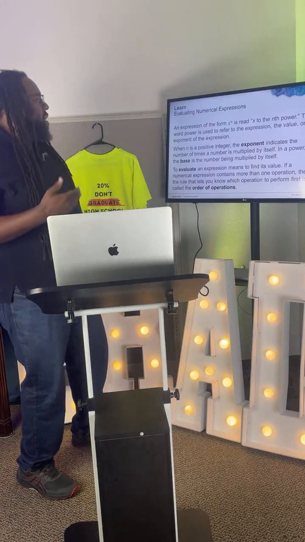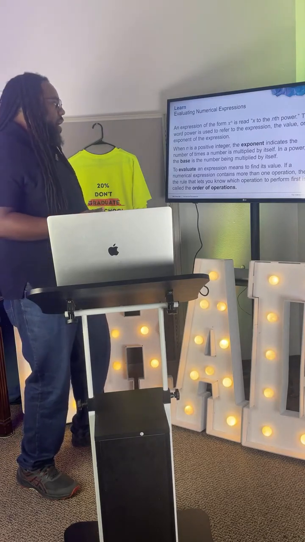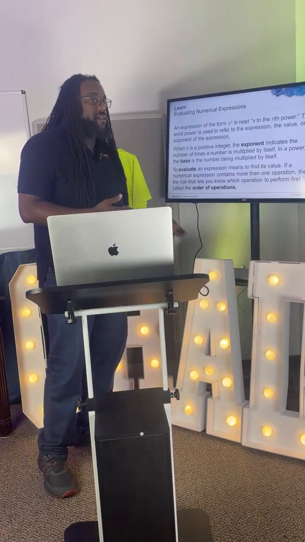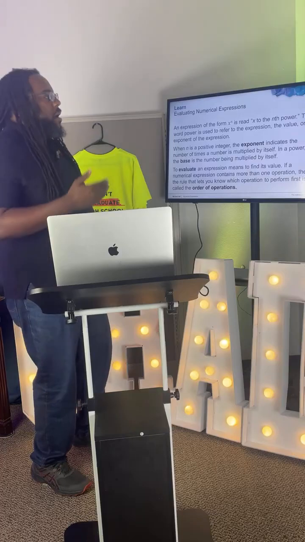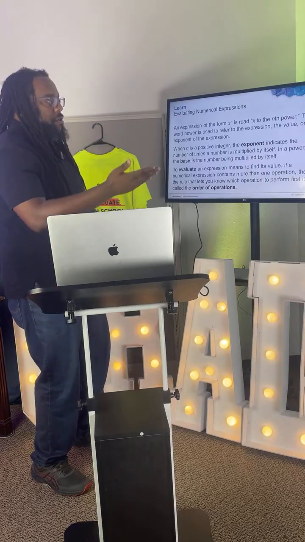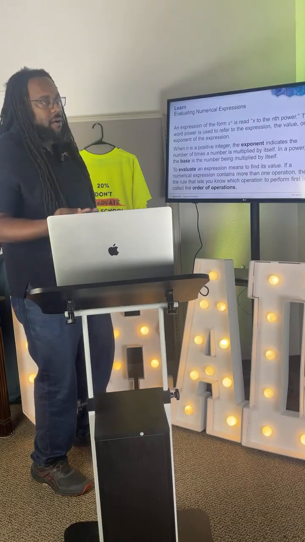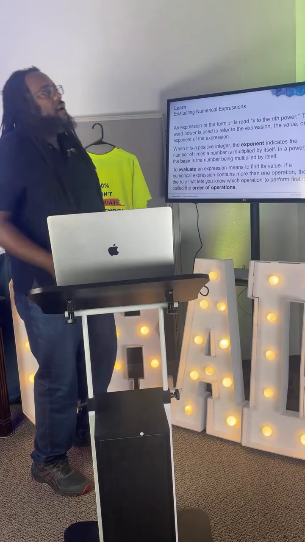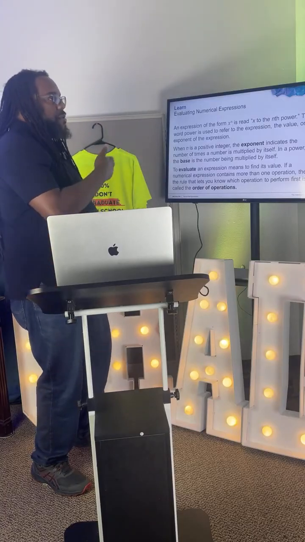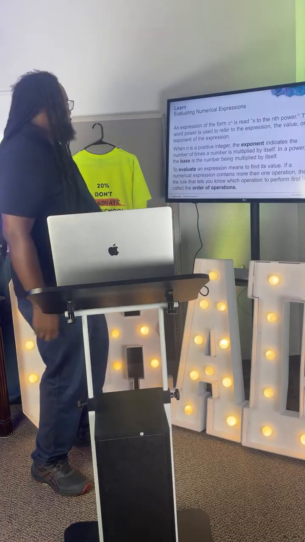So when n is a positive integer, the exponent indicates the number of times that x is multiplied by itself. So for example, 2 to the power of 2 means 2 times 2, which is 4. If you have 2 to the power of 3, then you would have 2 times 2 times 2, which is 8.